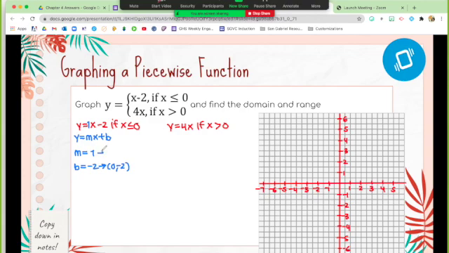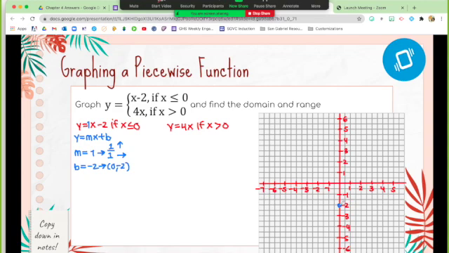I also like to change the whole numbers into fractions because that tells me the direction of my slope. So since it's a positive 1, I know I'm going to move up 1. And since it's a positive 1 down below on the denominator, I know I'm going to move to the right 1 as well. So I'm going to start off by graphing out 0, negative 2.